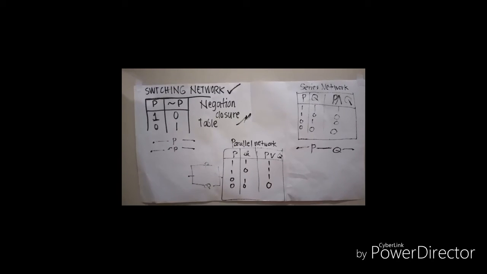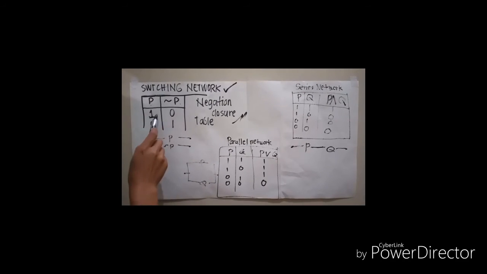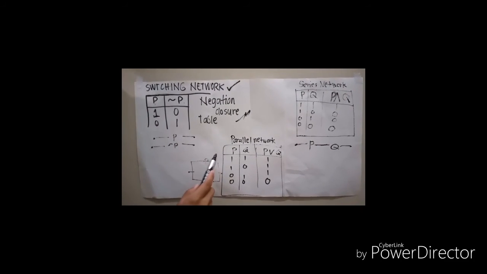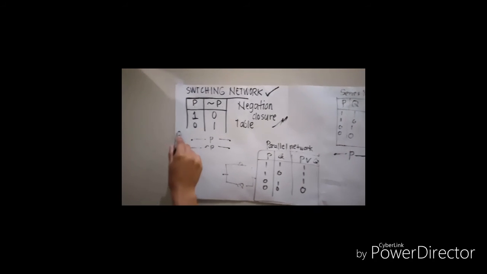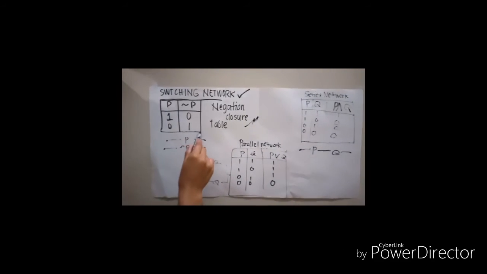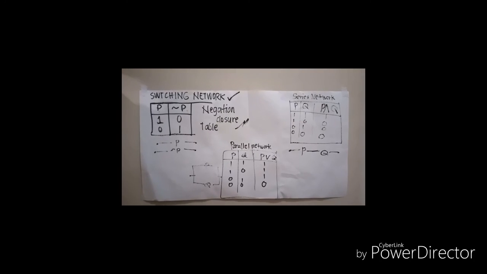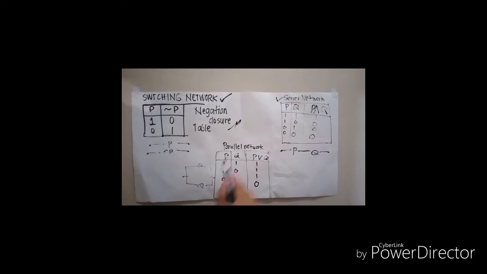It shows a switching network that consists of the single switch P and a second network that consists of the single switch not P. The table shows that the switching network not P is open when P is closed and is closed when P is open.